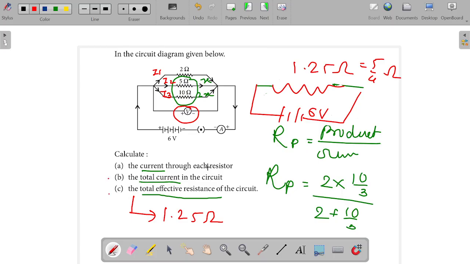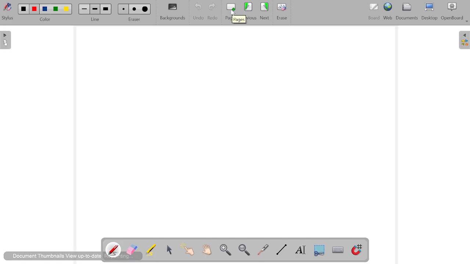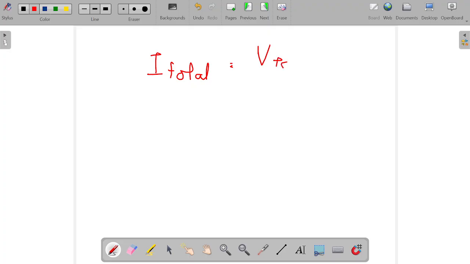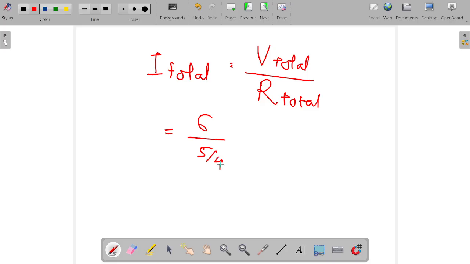So calculating the total current, we already saw that formula. Total current is equal to V total, that is the total potential difference applied, upon R total, that is the total resistance of the circuit. We already know that here the 6 volt battery is there, which is the voltage applied, and R total is 5 by 4.